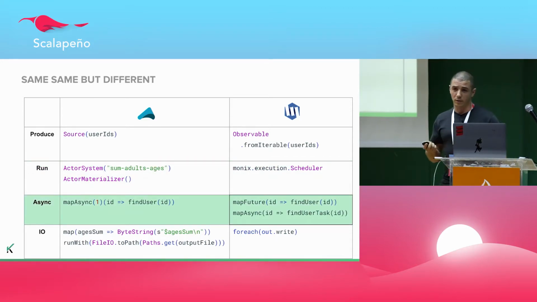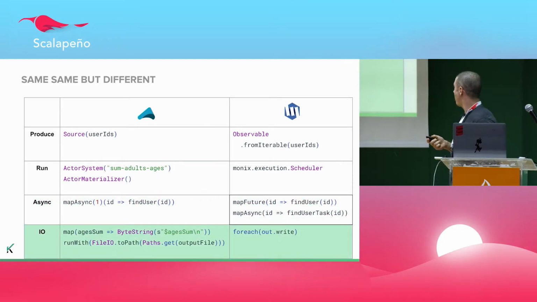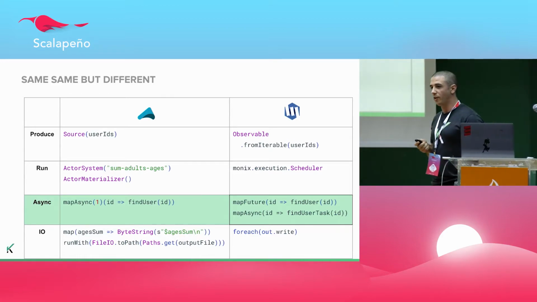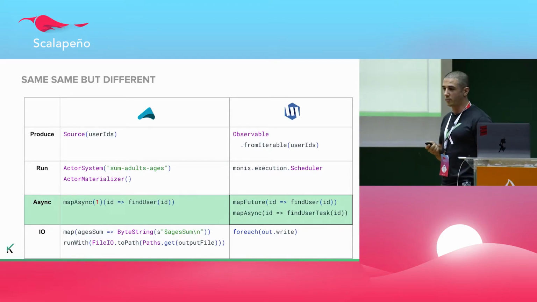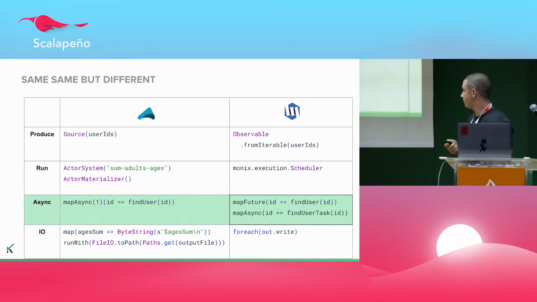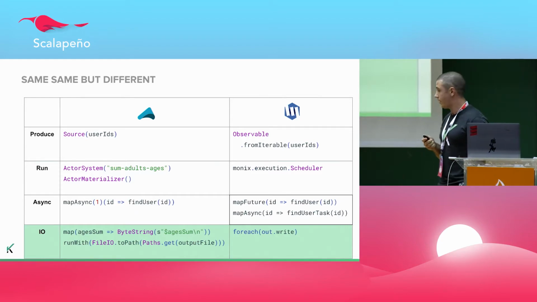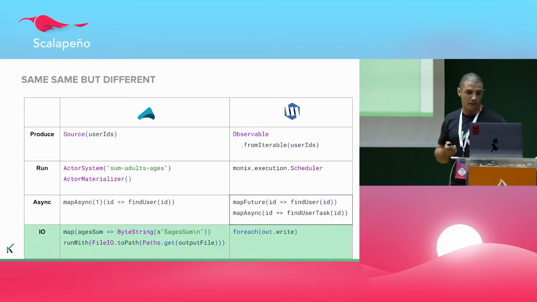In order to run async code, we use mapAsync for Akka Streams and mapFuture for Monix. What's interesting here is that Monix also provides a mapAsync, but it expects a Monix task instead of a future. So it's interesting to see that Monix actually prefers its own abstractions over the regular ones. Lastly, Akka Streams provides us with tools to do I/O and stuff like that, while Monix delegates the responsibility to us.